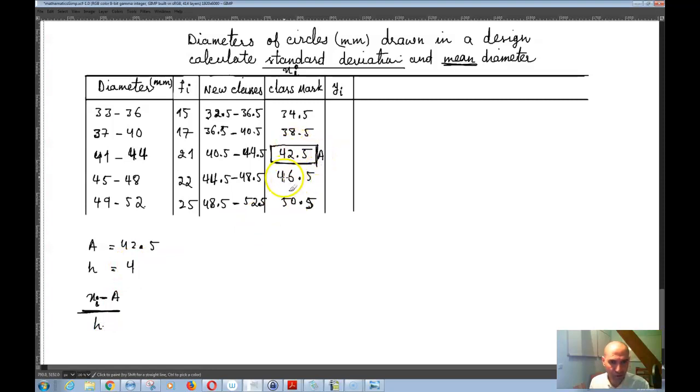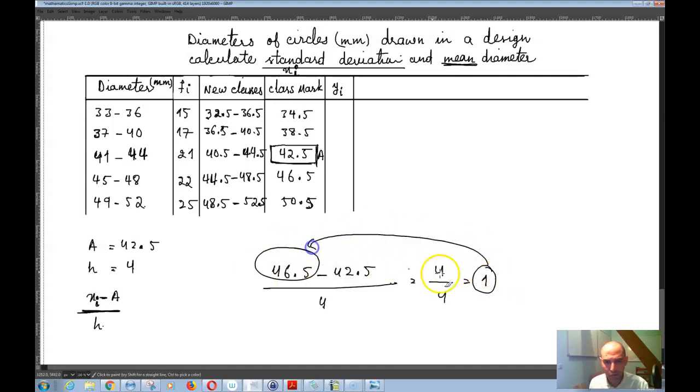For example, over here the number is 46.5. Subtract from that the assumed mean, which is 42.5, and then divide the whole thing by the class size, which is 4. So now this is going to give me 4 divided by 4, which is equal to 1. Now you can compare these two numbers. Of course, 1 is much easier to deal with than, for example, 46.5. That's basically how this formula works. And I call this y of i.